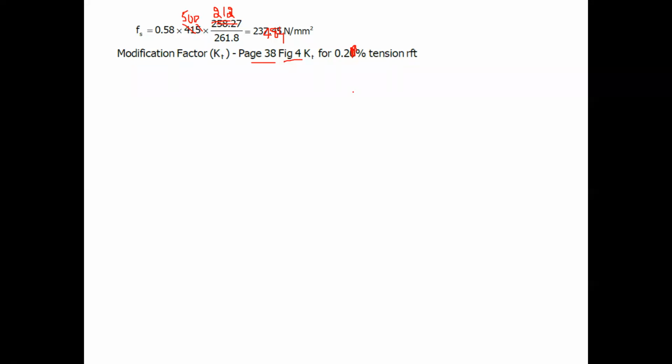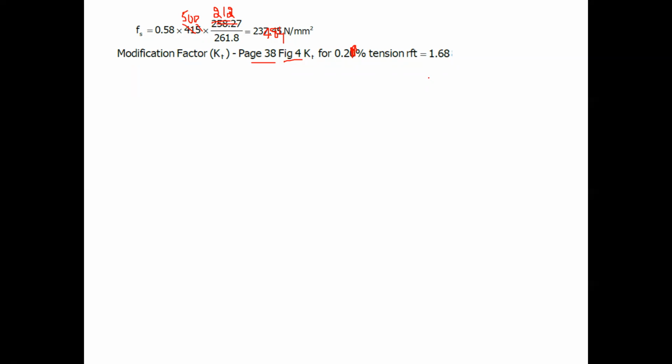KT value? You'll get around 1.6. You can just check it out. Around 1.65 or 68. Okay, this is an approximation, right? You can consider, but it should be nearer to that. Okay, any doubt in this? No, sir.